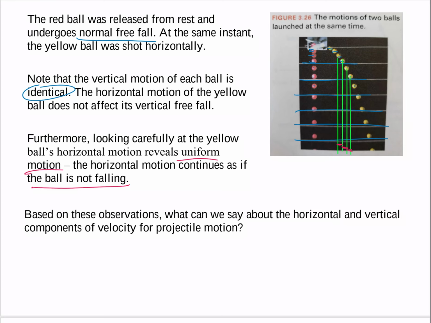So what we see here is that the yellow ball is falling as if it was in free fall vertically. I'm answering this question at the bottom: falling as if it is in free fall, because it is vertically. Now horizontally, what's it doing?